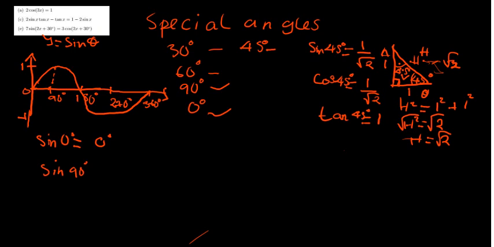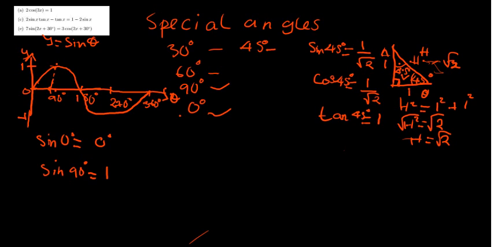The 90 there corresponds to 1 on the y-axis. So that means the sine of 90 is 1. Okay, so that's the sine. We can also talk about 180, 270, and 360, but for now we're just talking about 90 and 0.